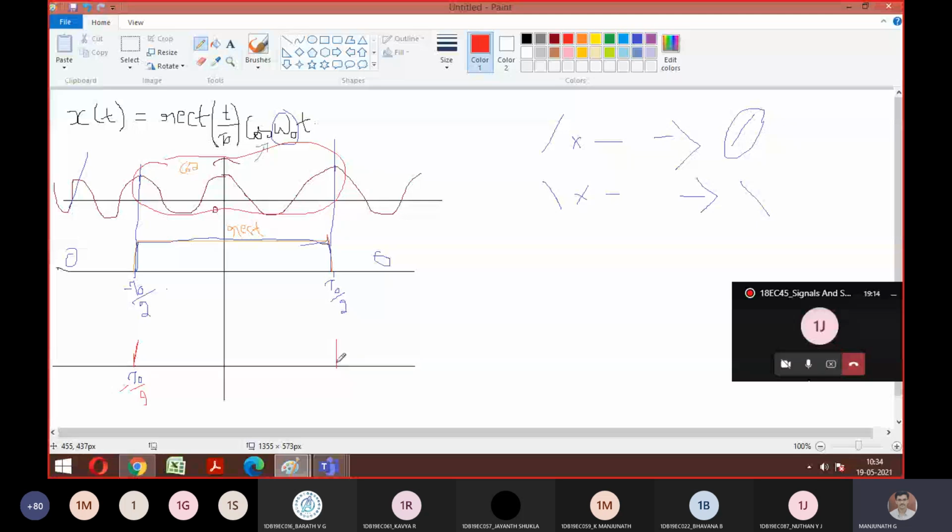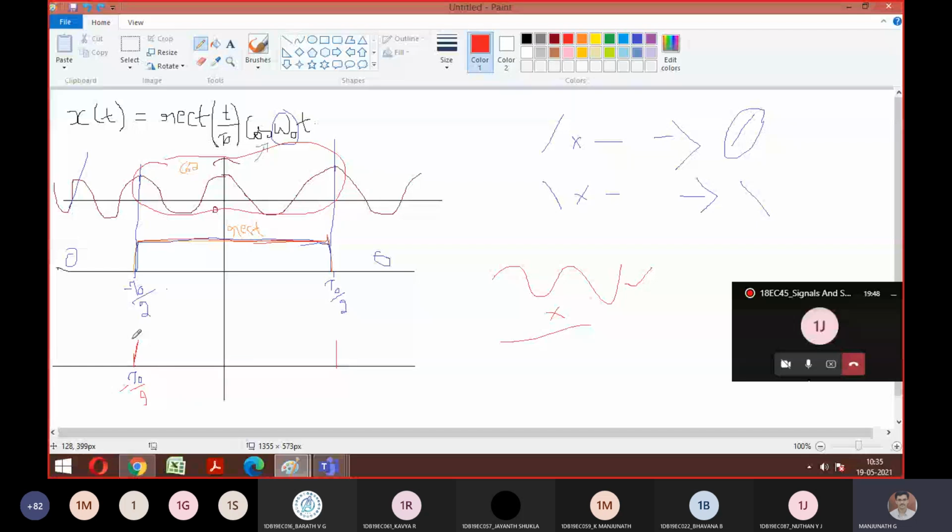Once it reaches this junction, you can see this is kept constant, and this is varying. Like this only, how we explained here, increasing, decreasing. If you're multiplying a varying sinusoidal with a constant, preference should be given to the varying signal. Yes or no? So that's why from this junction, the signal looks like this.